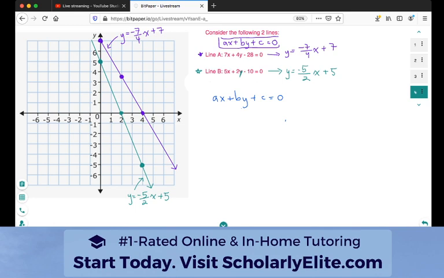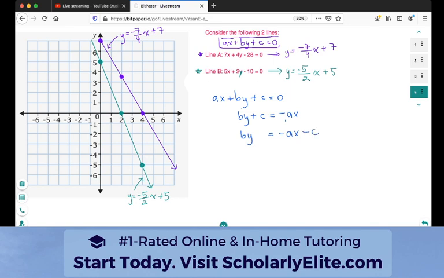So what we're doing here is saying, okay, let's move everything else to the other side. This becomes negative ax, and then the next step is moving that over, so this becomes negative ax minus c.